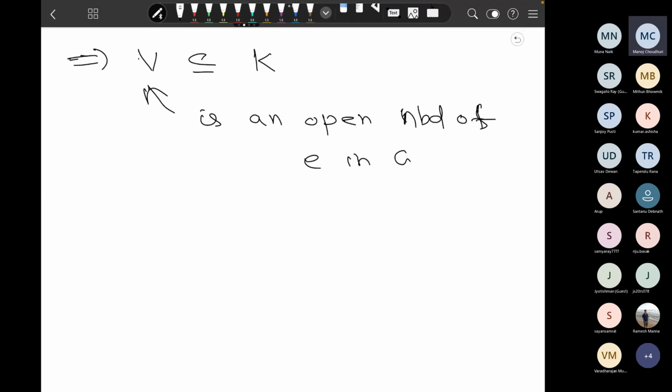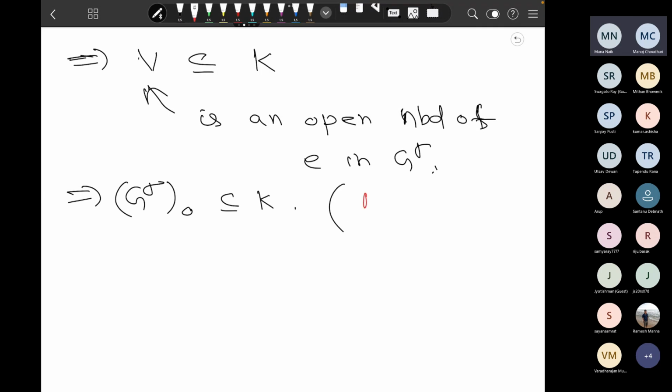So this implies G sigma naught is really K. That is because I am using the fact that any neighborhood of identity in a Lie group generates the connected component.